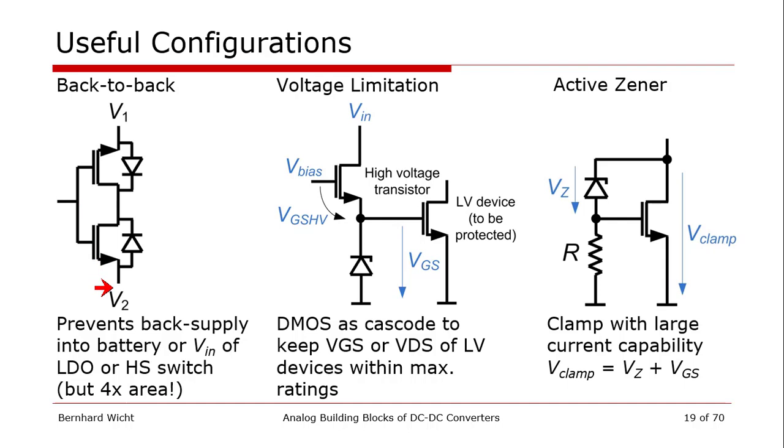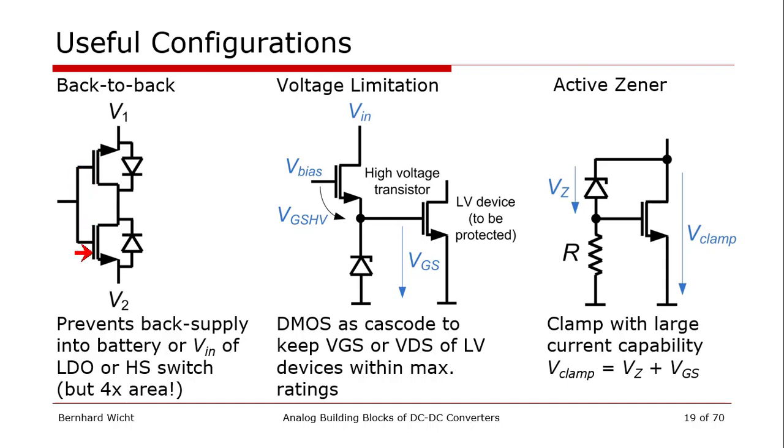If V2 exceeds V1, then even if we turn off our transistor, if we have just one switch, we would get some back supply across the body diode. We turn off the transistor, the channel is cut off, but still the body diode is always there, and that would get conducting if V2 exceeds V1. If this is something we need to address, then the only solution is to place two devices back to back, as shown here, so the diodes can never conduct.